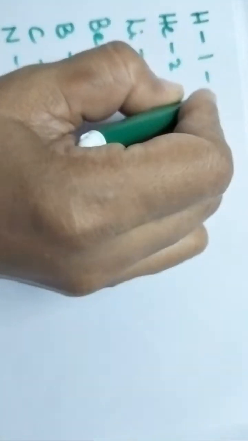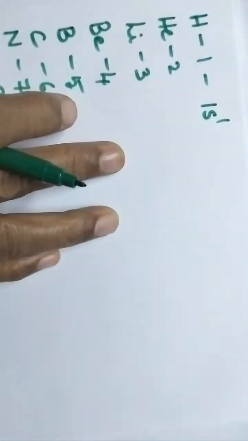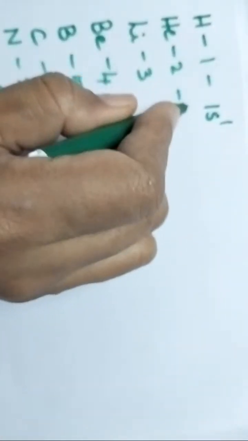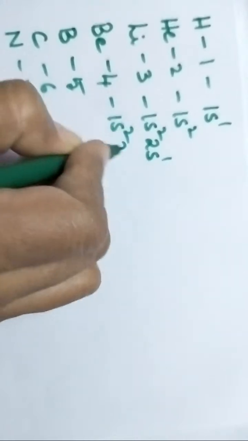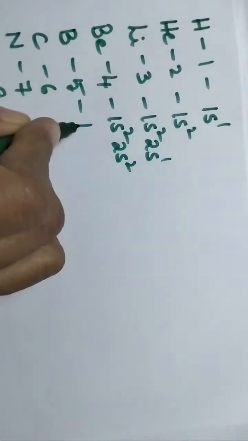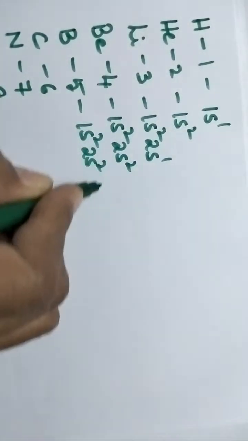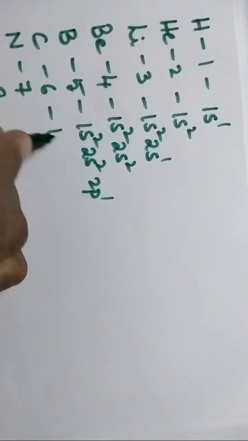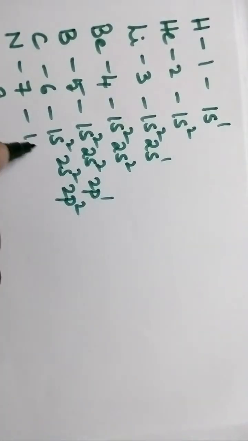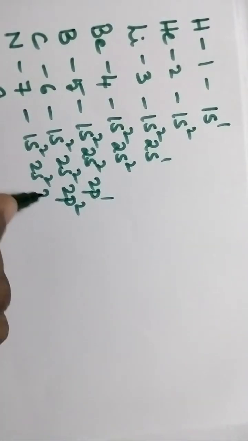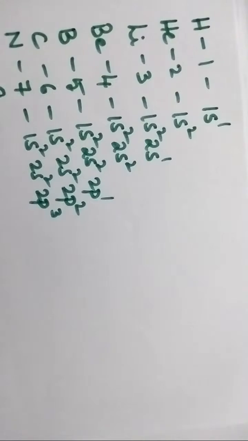And hence coming to the configuration, 1s1. That of helium is 1s2, lithium 1s2, 2s1, beryllium 1s2, 2s2, boron 1s2, 2s2, 2p1, carbon 1s2, 2s2, 2p2, nitrogen 1s2, 2s2, 2p3.